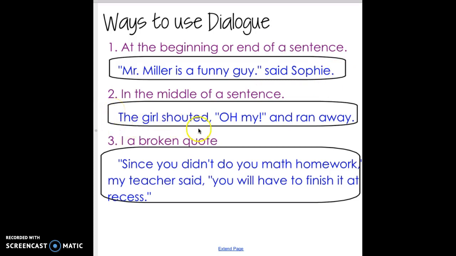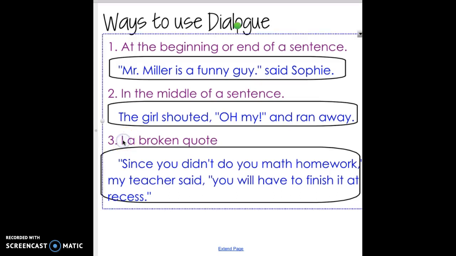The girl shouted, "Oh my!" and ran away. Again, notice that there is punctuation that sets up the dialogue. So there's a comma before it, if it's in the middle of a sentence, the quotes, and then an exclamation point, and then another period at the end to show the end of a sentence. Okay, and then 3, in a broken quote.